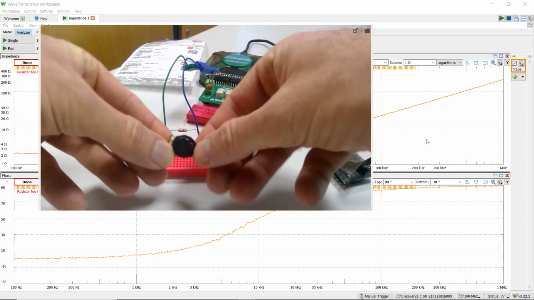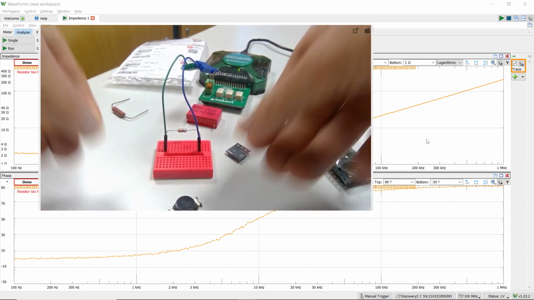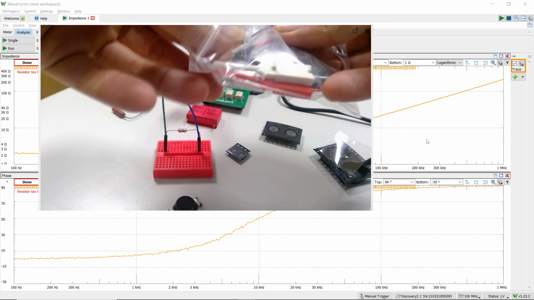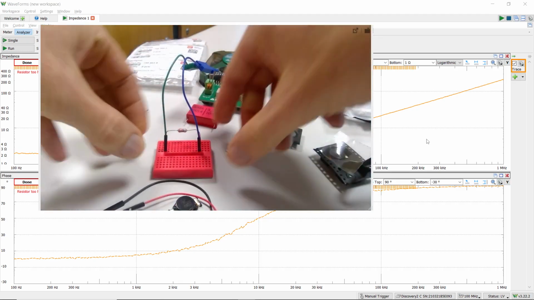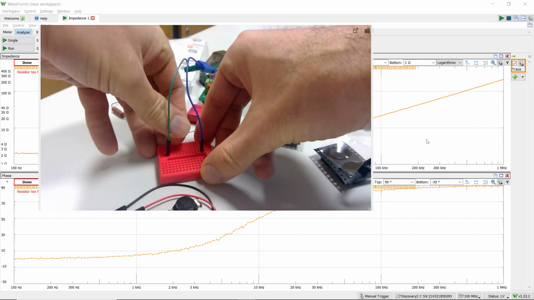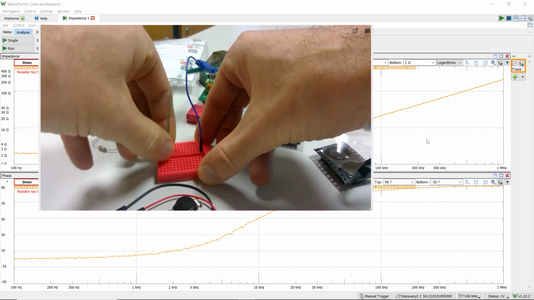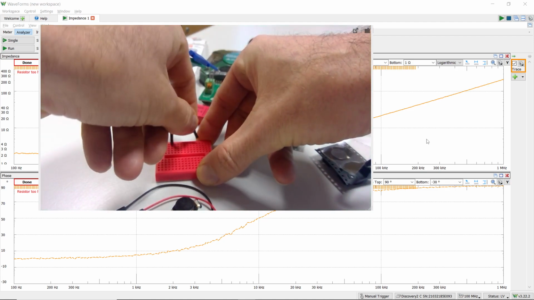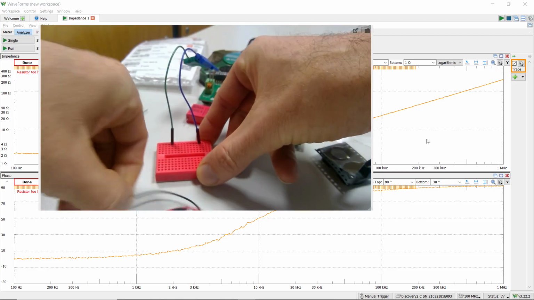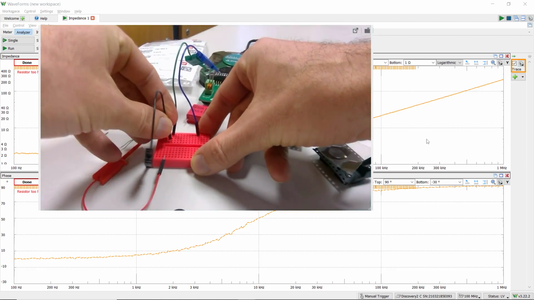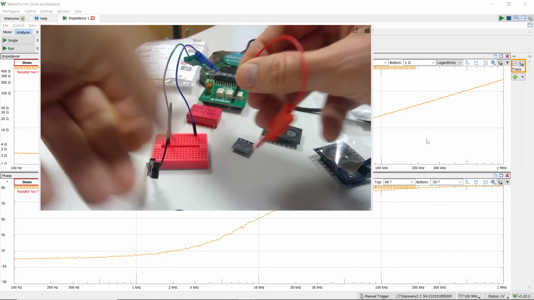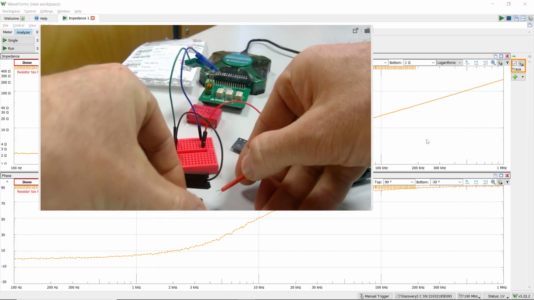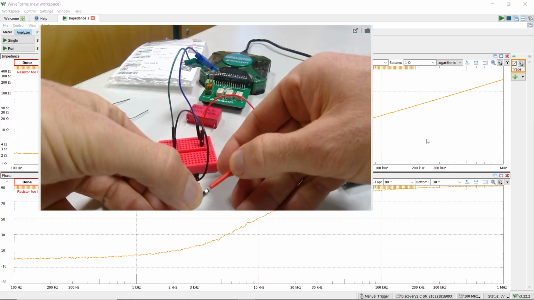Unfortunately, this does not connect to my breadboard, so I need more adapter cables going out of the breadboard, going into the breadboard. So let's see if we can try to fix this here.